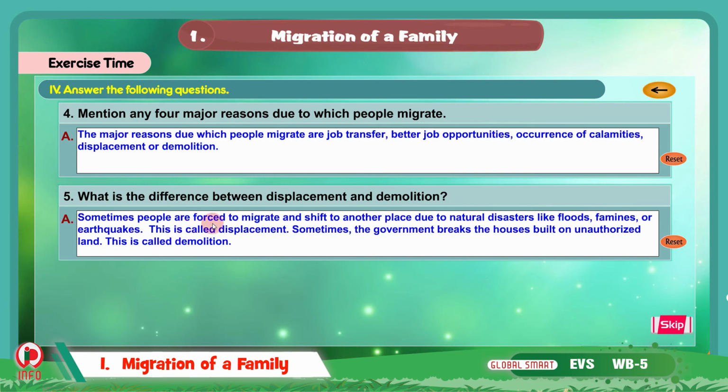Sometimes the government breaks the houses built on unauthorized land. When the government breaks houses which are built on land without permission, that is called demolition. So this is the difference between displacement and demolition.